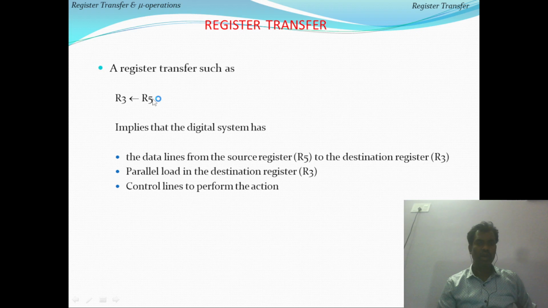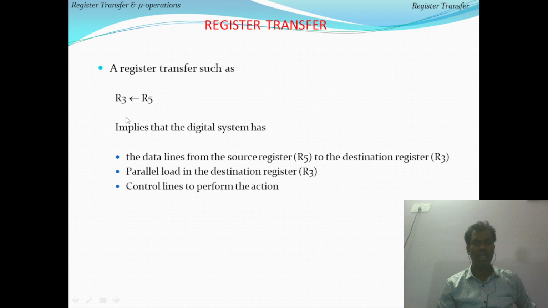The value present in R5 will be loaded into R3. It can be done in one clock cycle, meaning all the data will be stored into R3 at a time. This is called a parallel load operation. This parallel load operation can also be associated with a control function.